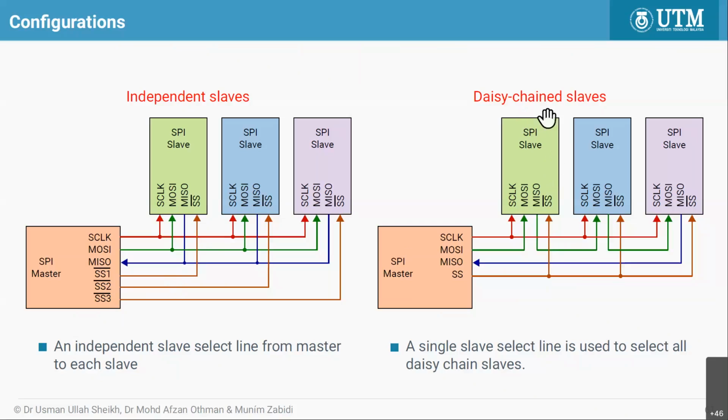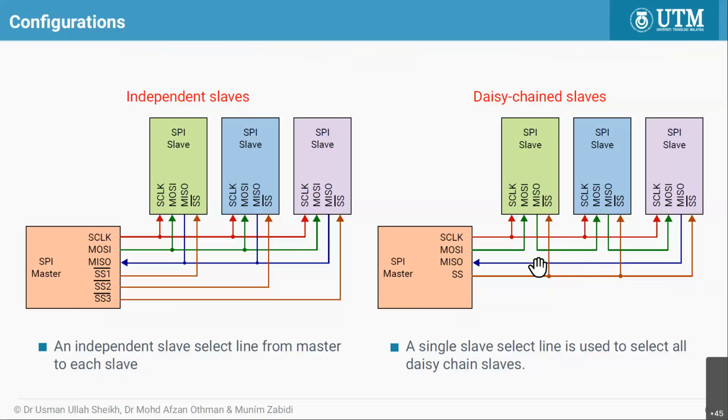If we use daisy chain slave, you have the same slave select to all the devices, but you can see that the MOSI output from the master goes to MOSI of the first slave, but the MISO pin from slave number 1 goes to MOSI of number 2.